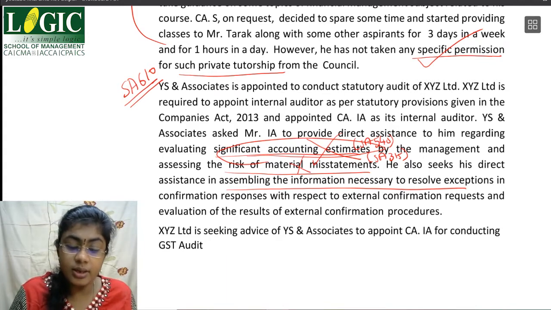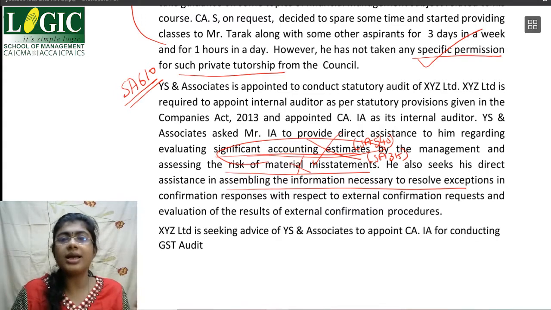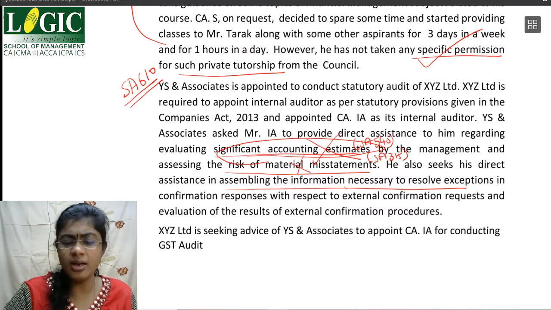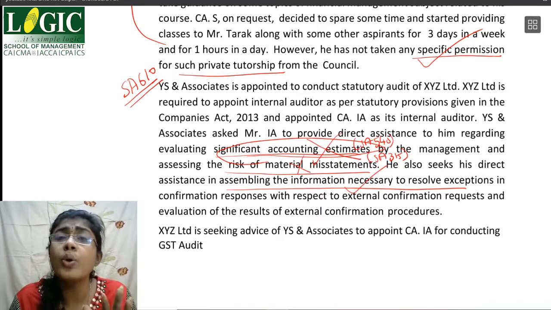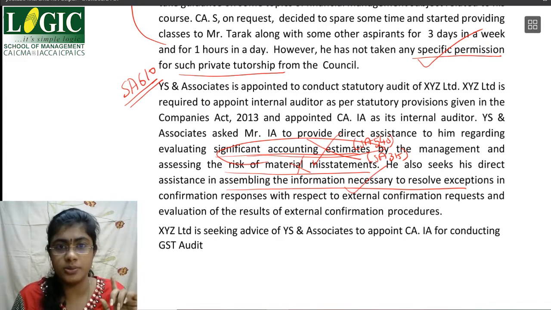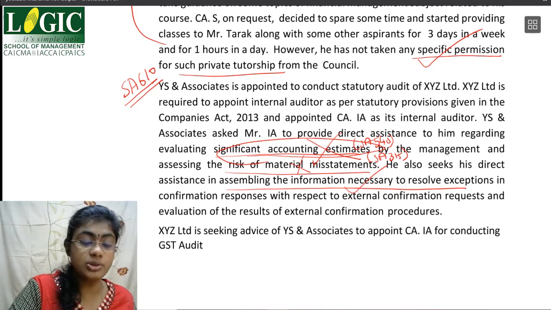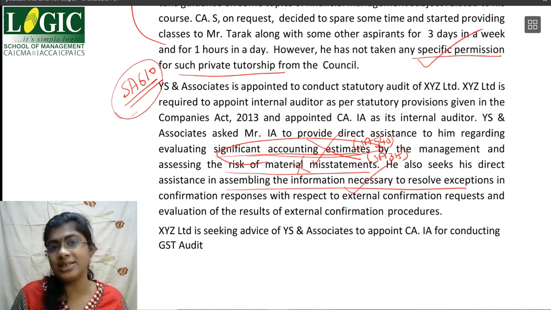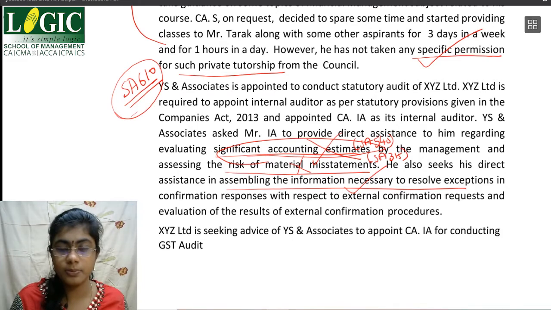And the next area is assembling the information necessary. See, it's like a routine area where you assemble the information. In that area, yes, he may seek the direct assistance. Who can seek? External auditor. Whose assistance? Internal auditor. Clear? So this particular passage is related to SA 610, where the external auditor seeks the direct assistance of the internal auditor. Fine.